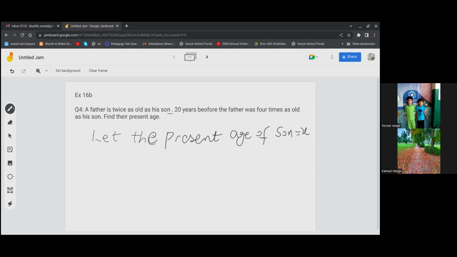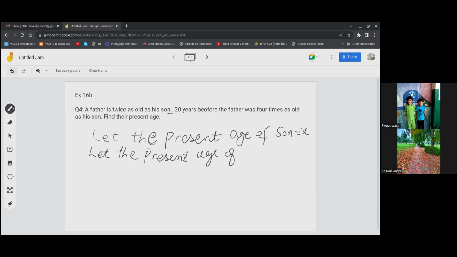Then let the present age of father be, because they are saying the word is twice, twice means 2 of his own as old as his son, so 2x.